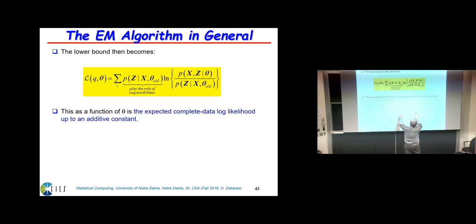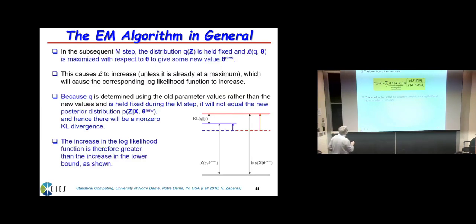You notice the entropy term doesn't play a role here because we try to maximize this with respect to the parameters now in the M step. And there are no parameters here because the distribution has been fixed to the old parameters. So really, maximizing the lower bound is the same as maximizing the expected joint log likelihood, where the expectation is with respect to the posterior of Z computed at the previous values of the parameters.